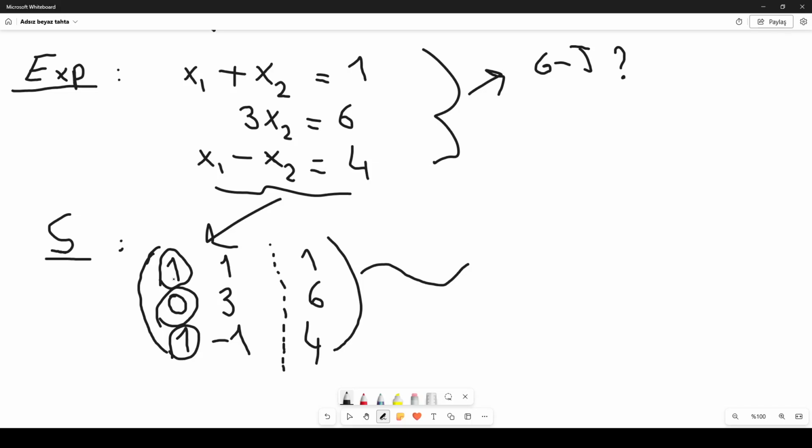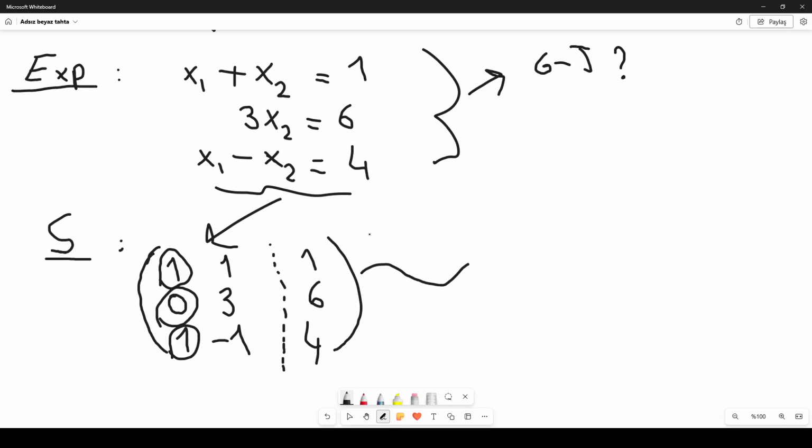The leading entry must be 1, but the other values in the same column must be equal to 0. How can I do that? I need to eliminate the value 1, the first element in the third row, and change it into 0.